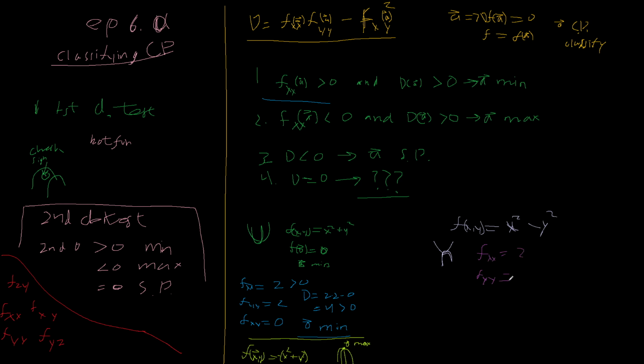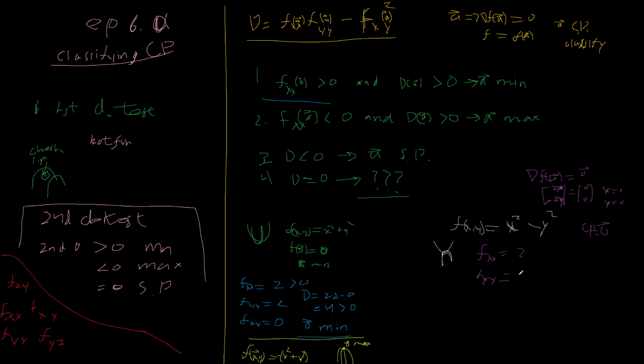How can we check what the critical point is? We set the gradient equal to 0, which gives 2x equals 0 and minus 2y equals 0, so x equals 0, y equals 0. That's our critical point. So the critical point is the 0 vector.